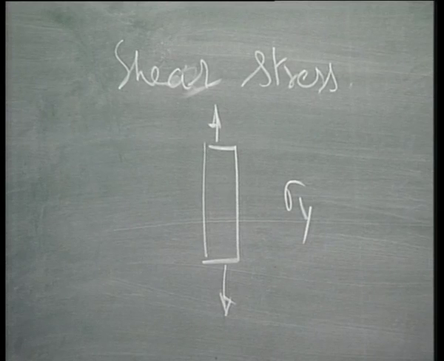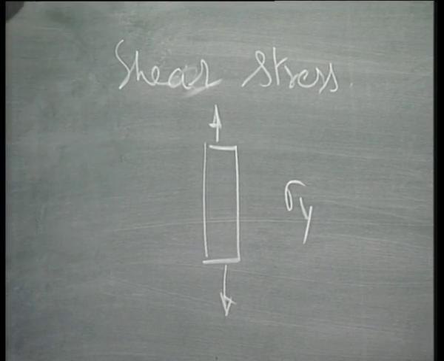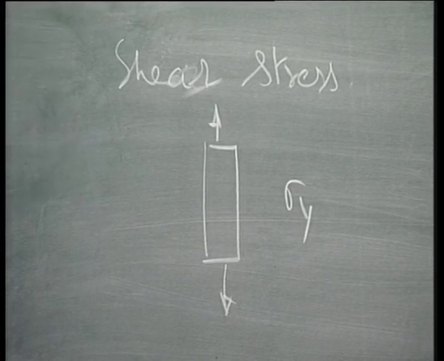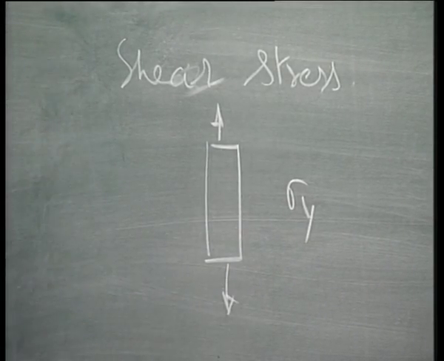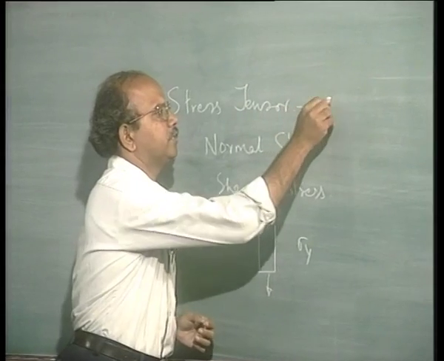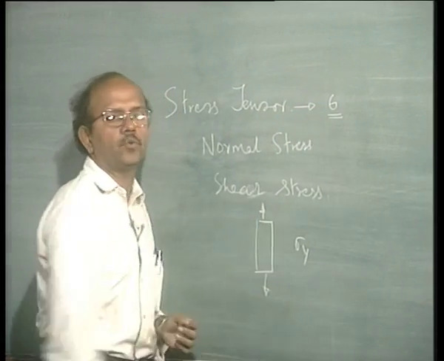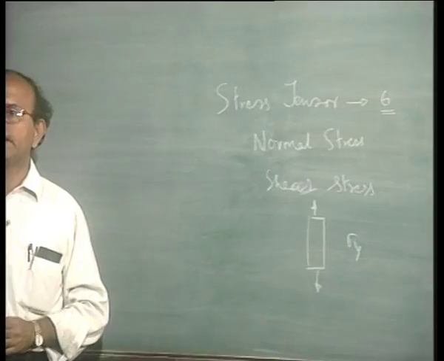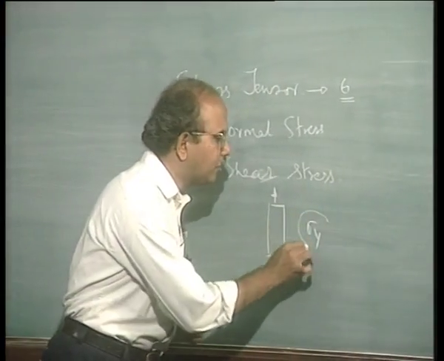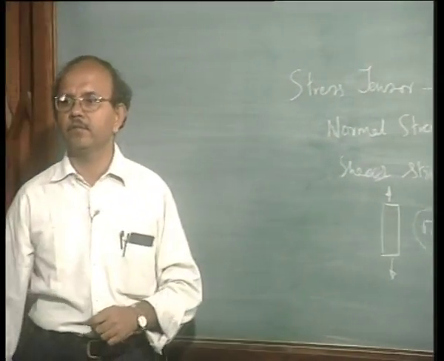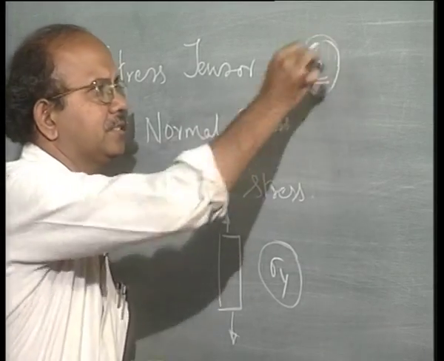Now I have just shown that the stress tensor has 9 quantities, but because of the relationship sigma ij equals sigma ji, I have 6 quantities. The question that may come to your mind is, I have only one value as a material property, but 6 values as stresses.